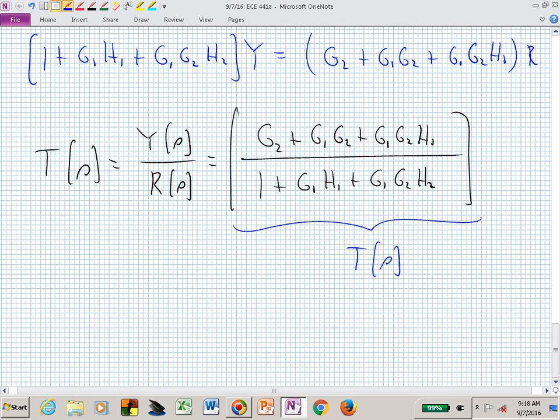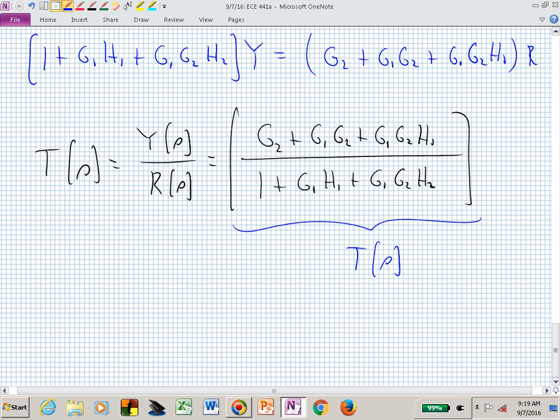which could be a ratio of ratios. If my g's and h's are rational expressions of polynomials in s, then in the numerator I have a ratio, and in the denominator I have a ratio, but you could clean all of that up with the appropriate polynomial manipulations, so that when you get all of that completed, you will end up with a transfer function with a numerator in s and a denominator in s.